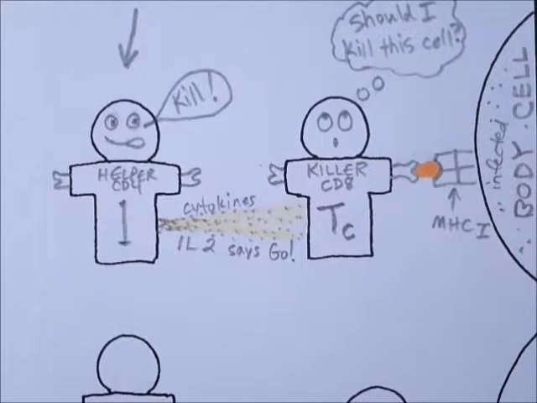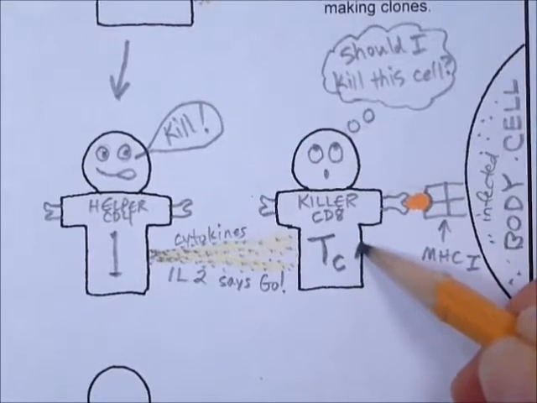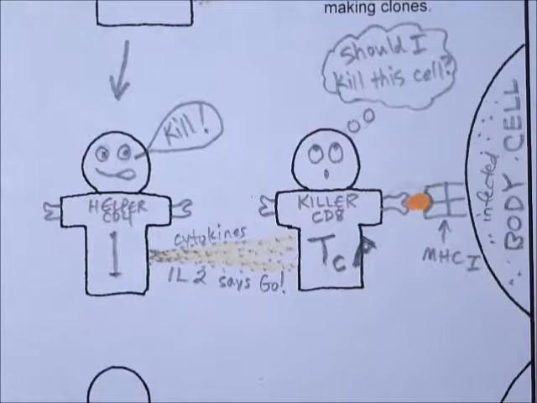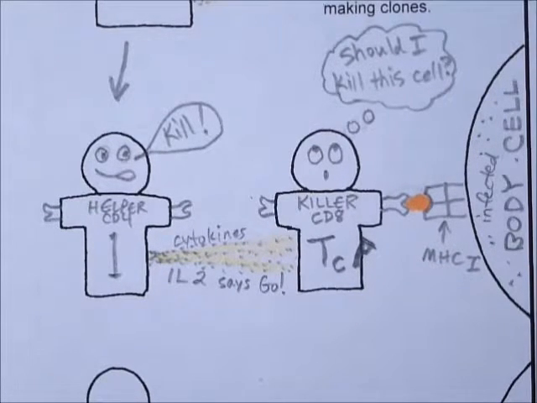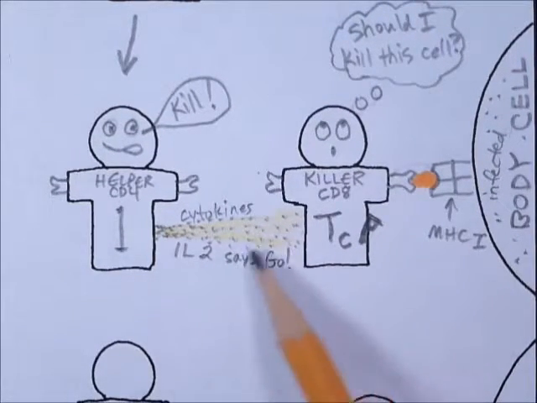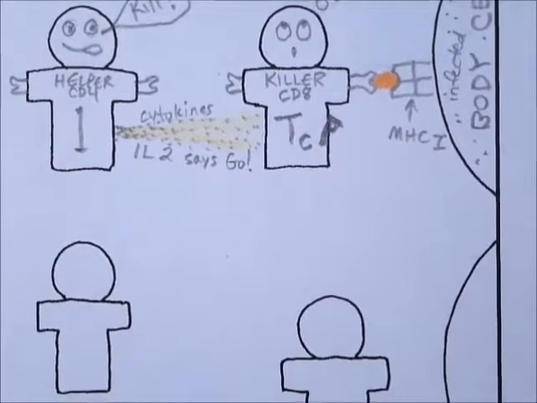So let's see how they kill. Actually, what we need to do here, we forgot to make him a perforin gun. Put a little gun right there. So he's not going to get the gun out and shoot unless he's told to. So once that cytokine message goes across, IL-2 says get out your gun and kill the cell.